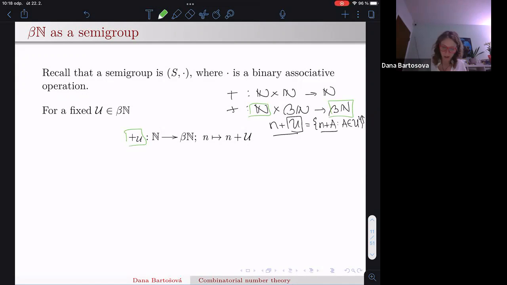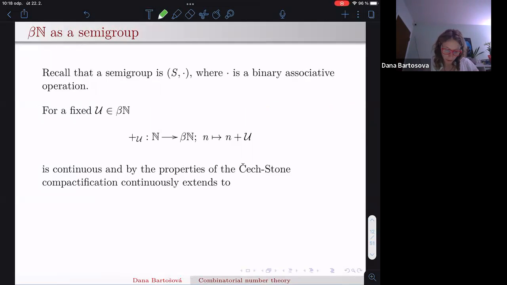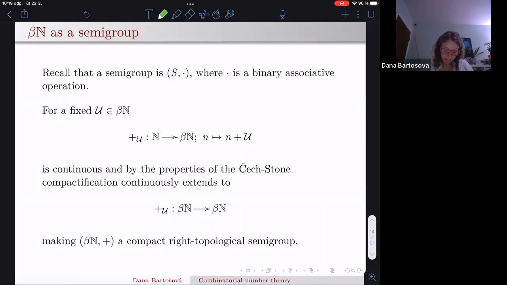And now this is a function, and therefore we can extend this function to a continuous function from the Stone-Čech compactification to itself in this case. So we have a very special application of that extension property. And this is going to make beta n, of course, a compact space. And it is a semigroup. So obviously it's a binary operation. One has to verify that it's associative. I'll leave it as an exercise.